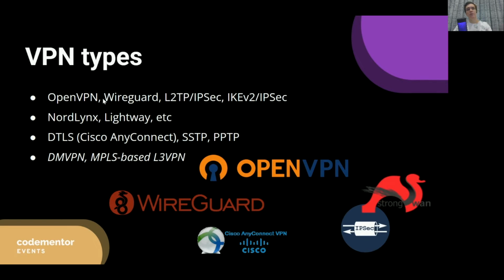So let's stick to the first line, OpenVPN, WireGuard, and IPsec, right? So IPsec, layer 2 TP, L2TP IPsec, and IKEv2 IPsec. So L2TP IPsec was created, both of them are considered to be kind of useful these days.